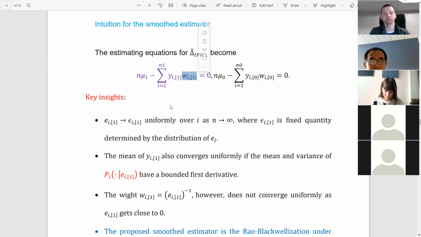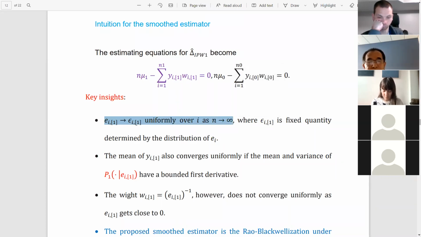How is that so? What we showed in the paper is that these order statistics will uniformly converge to this epsilon. This is the order statistic for all the e in the treatment one group.